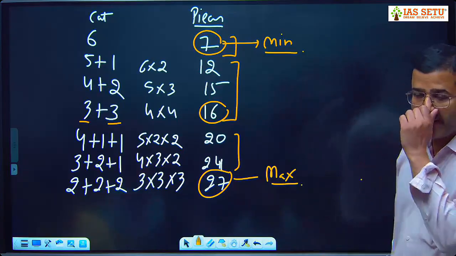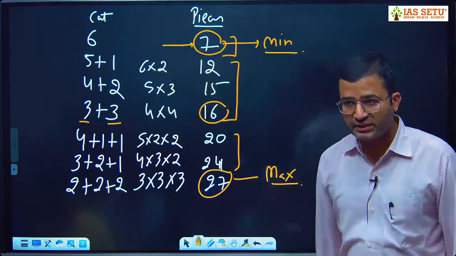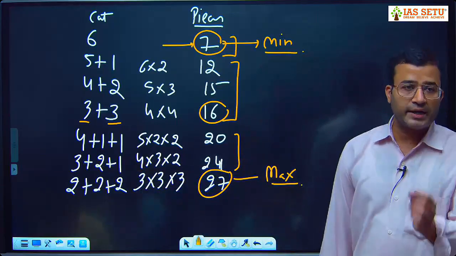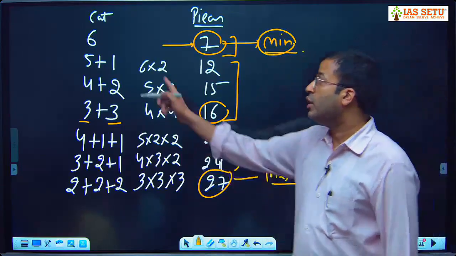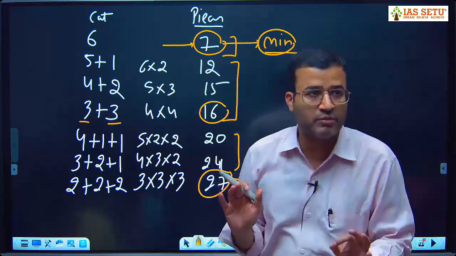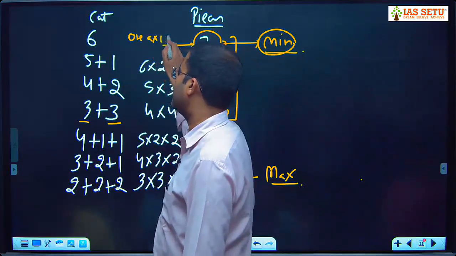I repeat the second observation. Here with 6 cuts, we get minimum pieces 7. With 6 cuts, maximum pieces 27. But the idea here is, if you need minimum pieces, the only way is to put all the cuts on 1 axis. अगर आपको minimum pieces चाहिए, तो आपको सारे के सारे cut सिर्फ एक ही axis पे डालने पड़ेंगे.